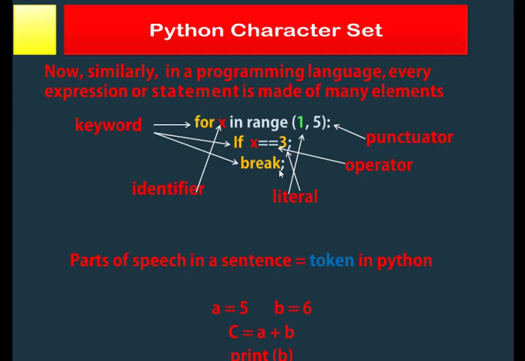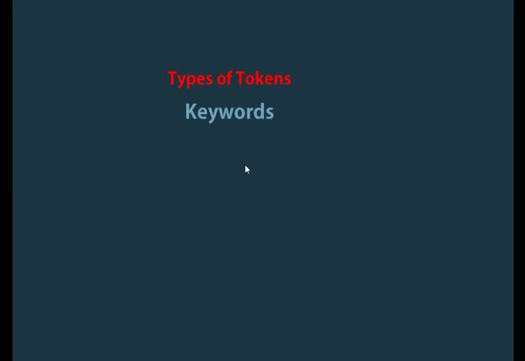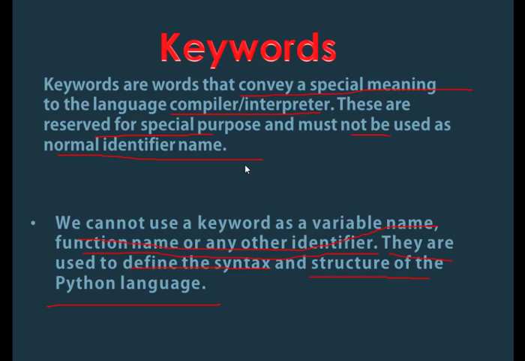These convey some special meaning to the interpreter. We are talking here about the interpreter only. This if is also one. These words cannot be used because they are reserved words, and we cannot use them to name any other element like a variable name or function name. So these are the keywords, and these are reserved words.